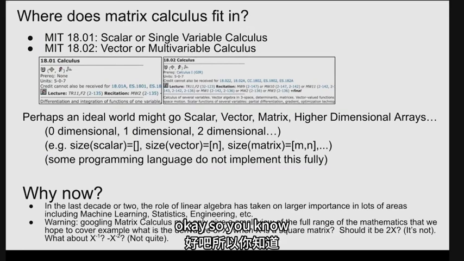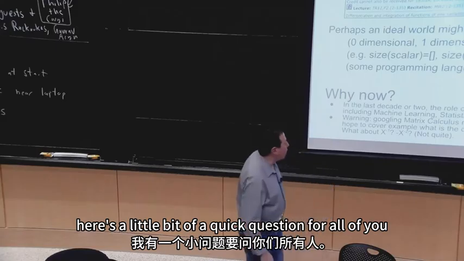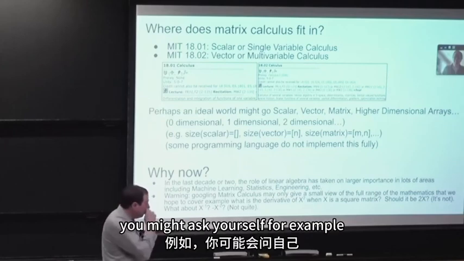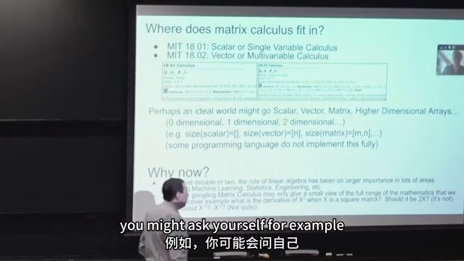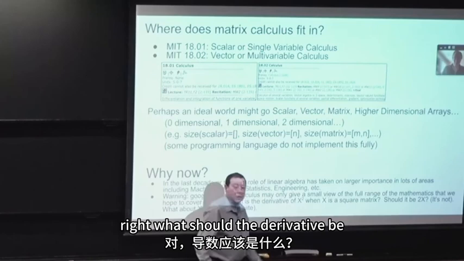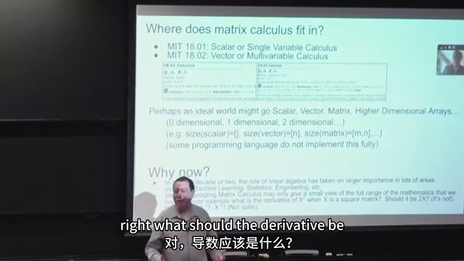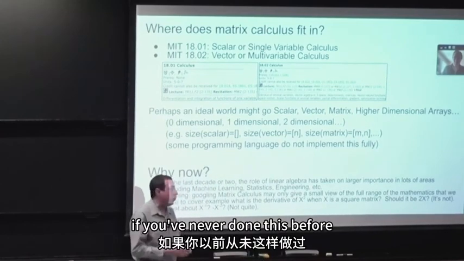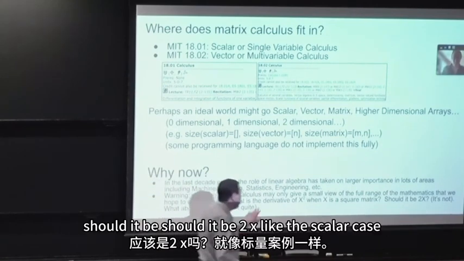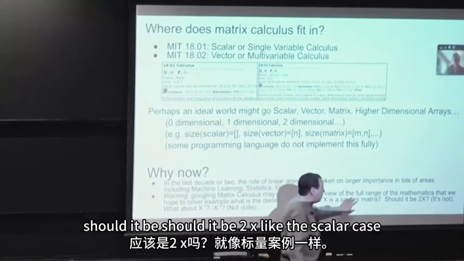Okay? So, here's a quick question for all of you to think about if you don't already know the answer. Suppose you have the function that squares a matrix. What should the derivative be? If you've never done this before, you might not even know what it should look like. Should it be 2x, like the scalar case?